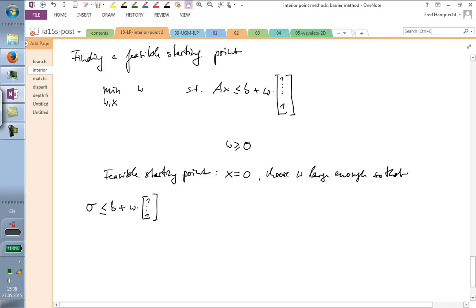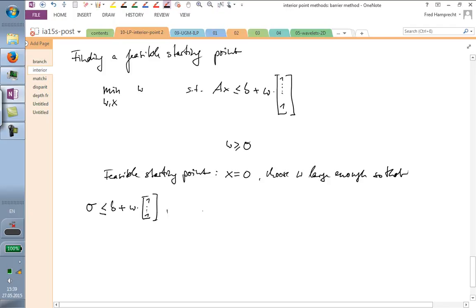So essentially, if b has all non-negative entries, we're already done, and if b has a negative entry, then we need to make w so large as to compensate for it. Okay.